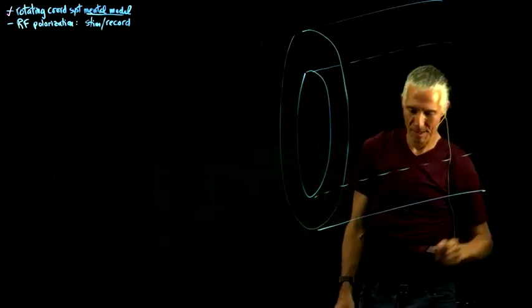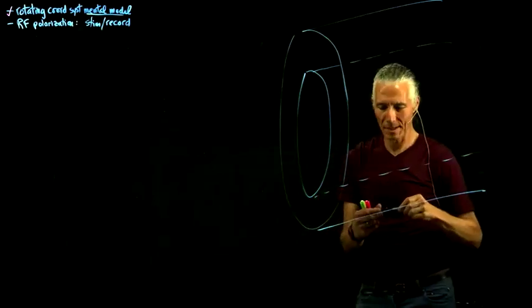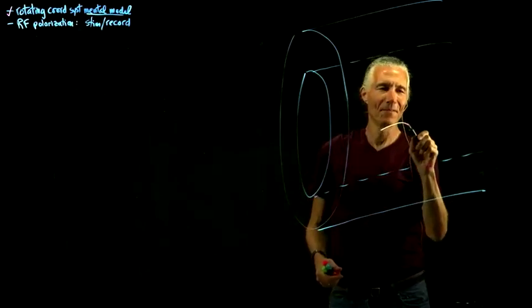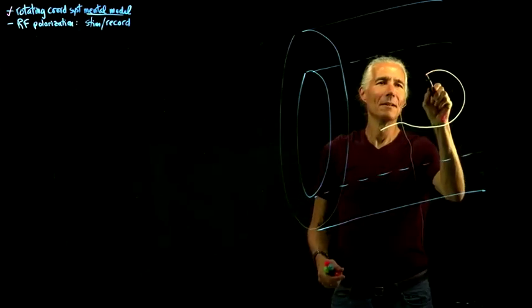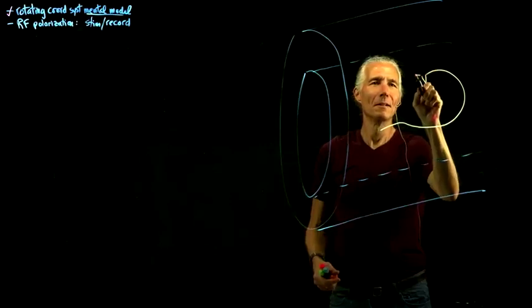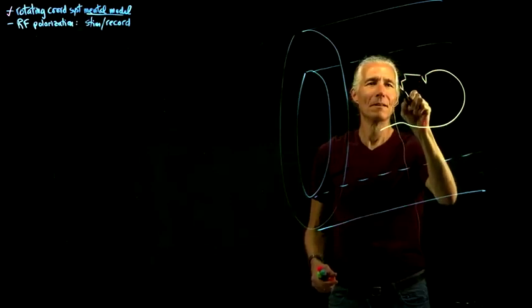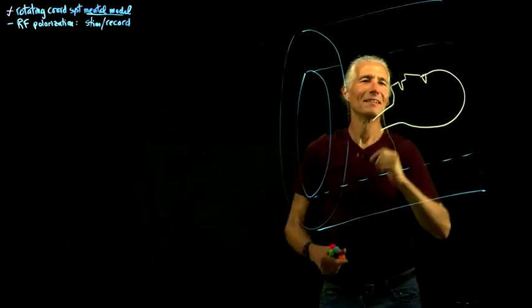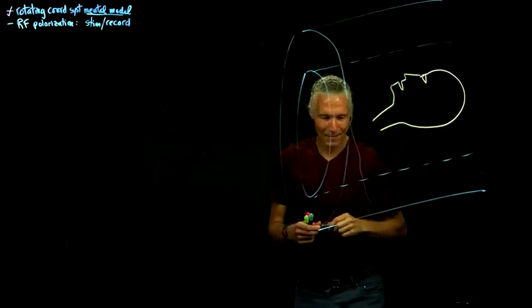Nice big bore so we can draw a big person in there. We've got to draw an ugly person in there. There we go. Okay, there's a big head in there.